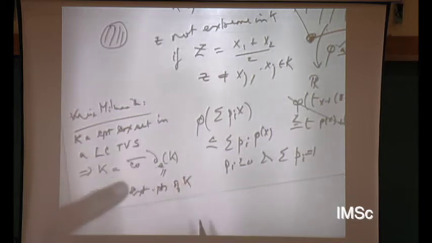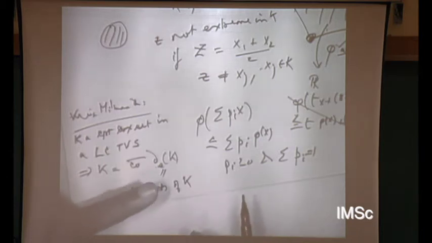So del E of K is the set of extreme points.